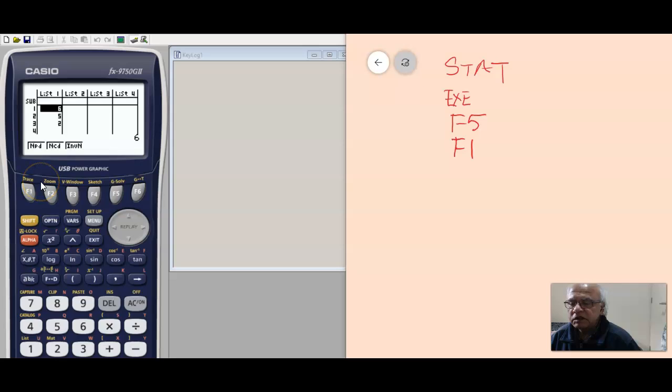Now, in normal distribution, there are three different options: NPD, NCD, and inverse normal. Now, instead of going through every single feature, what I'd like to mention for normal distribution problems, most of the time you will be using NCD.